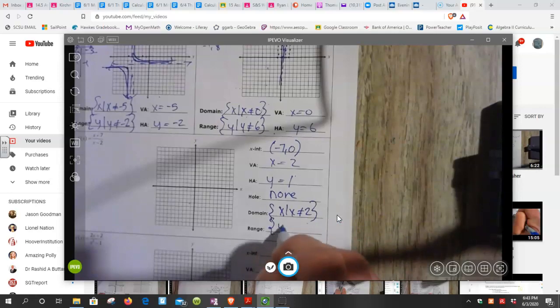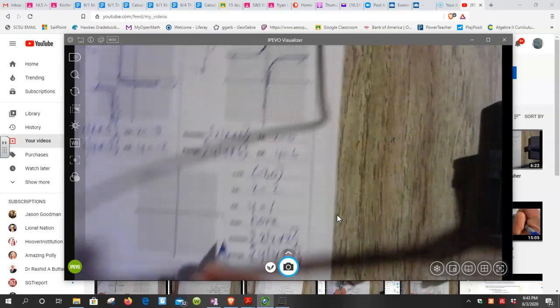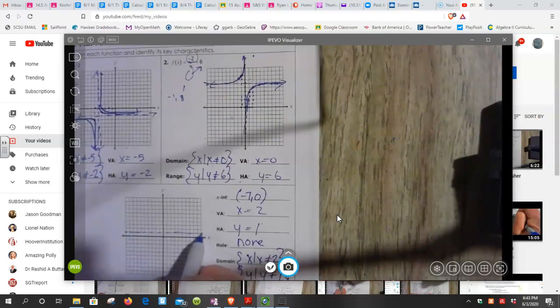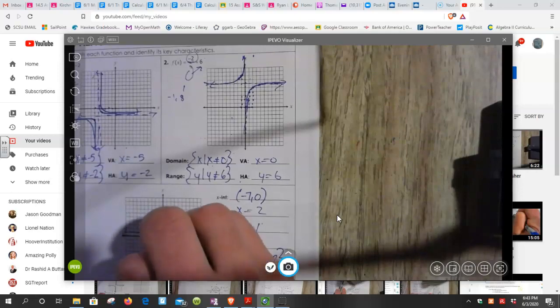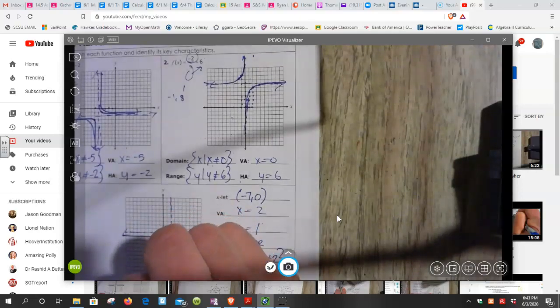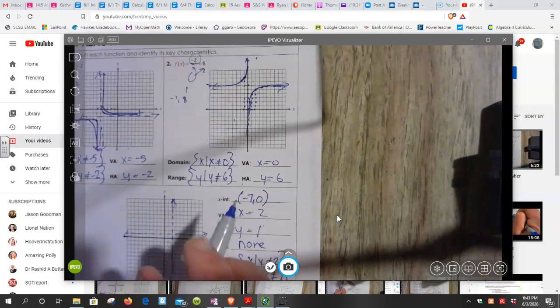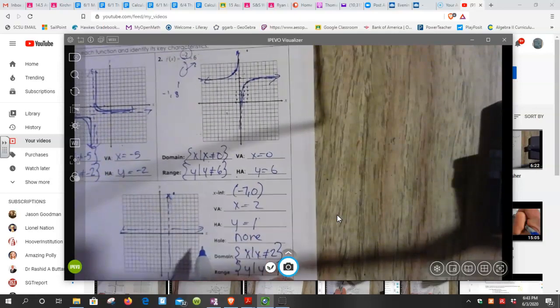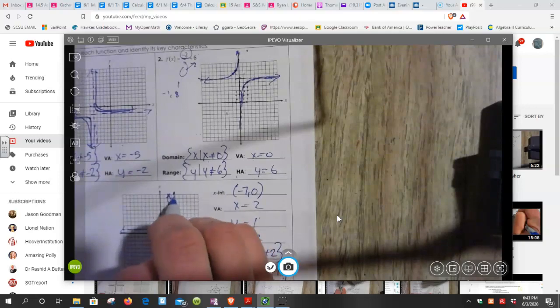And the range y such that y does not equal 1. So it's going to be up here and down here, so you can plug in a couple points to get exactly where it goes if you want. Just give me the general shape.